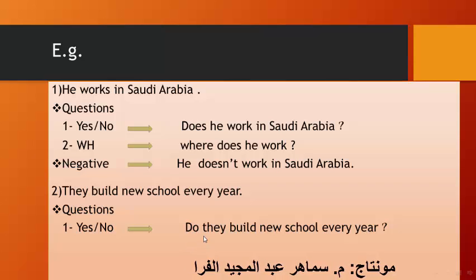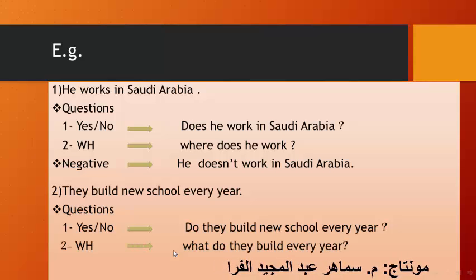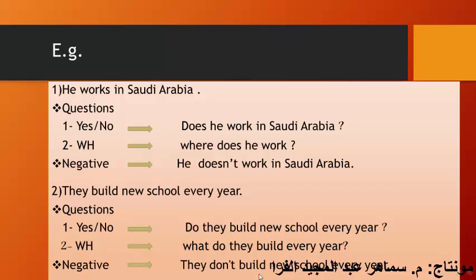Because the subject pronoun here is plural, they. What about WH? What do they build every year? Good. What about the negative? They don't build a new school every year. They do not. We only add not after the helping verb do.